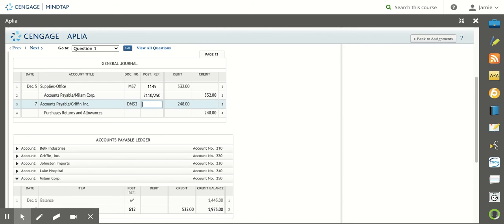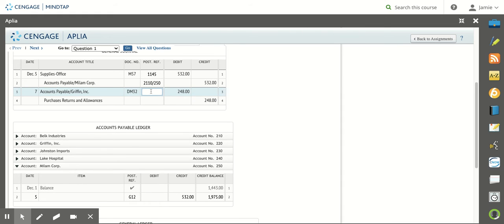And now you'll notice that that's no longer red. So post that same number to 2 separate accounts. Our account numbers, accounts payable is listed first, so we have the accounts payable account number listed first, backslash, and then our Milam Corp account number.